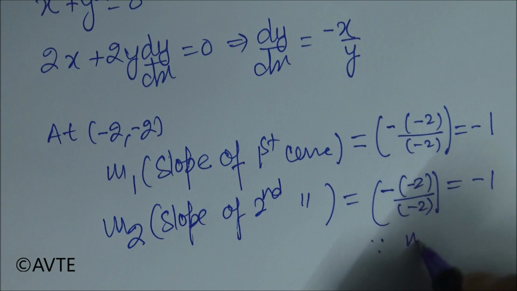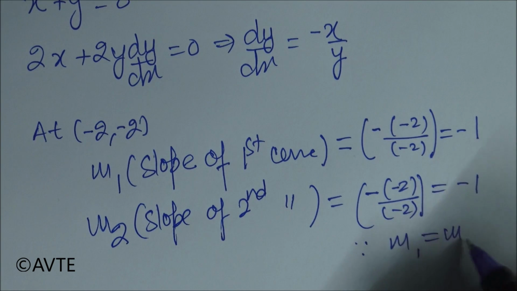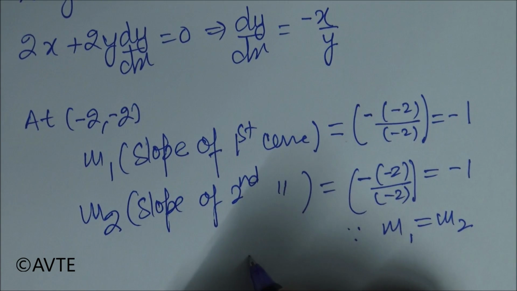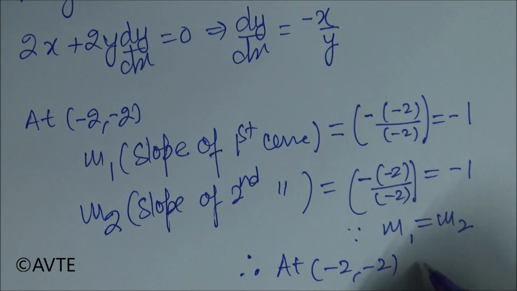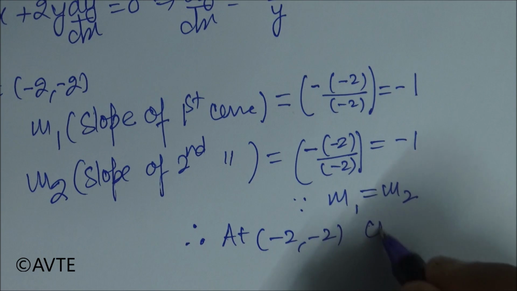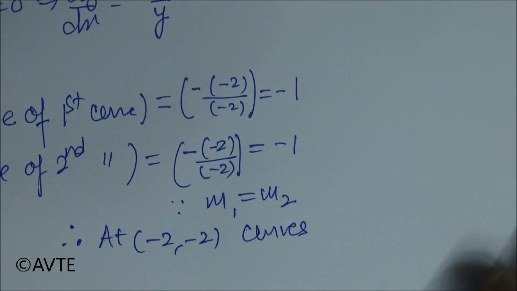Because m1 is equal to m2, therefore at minus 2 comma minus 2 the curves touch each other.